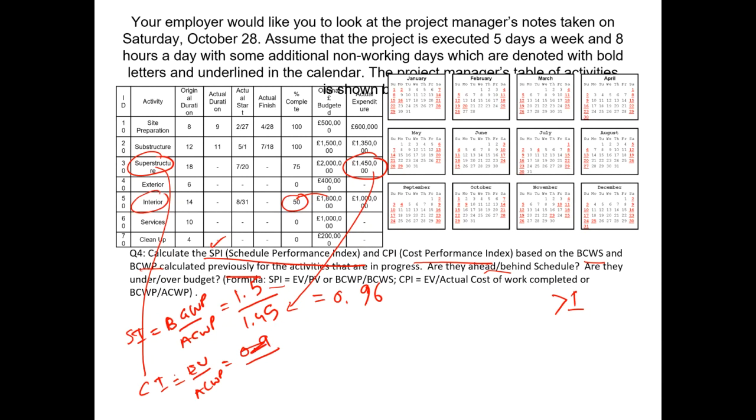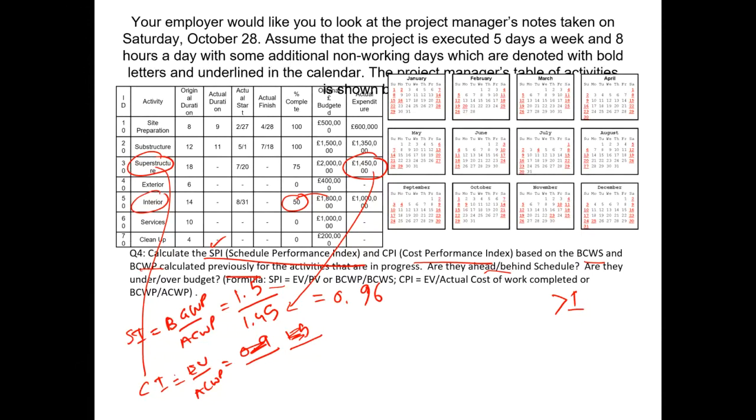So I think, sorry, in this case the earned value is the budgeted cost of work performed, which would be 1.5 million, which we have calculated previously, and the actual cost of work performed is... sorry, I got mixed up a little bit.